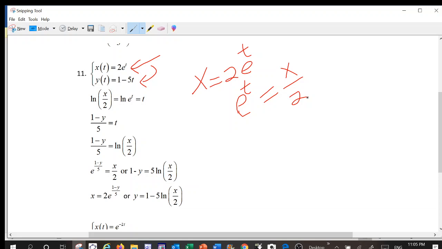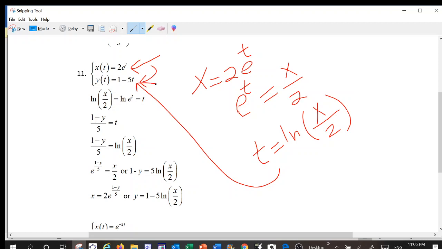And then take ln of both sides. So t is going to be ln(x over 2). Now we want to take this and substitute it back in here. So y is going to equal 1 minus 5 ln(x over 2). Like that.